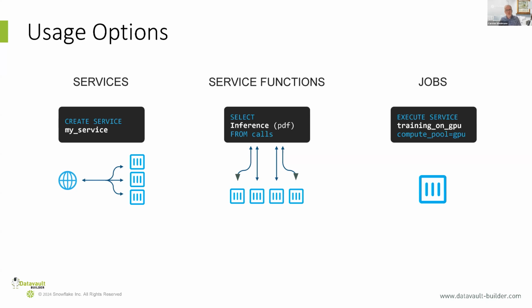And last but not least, you could also create jobs. That means you could run a job using these containers on SPCS to execute long-running jobs that do some training on the GPUs or something like this, and then return the result. So these are the three usage options. Today, we're going to look at the service. And with that, I'll hand back to Beat.